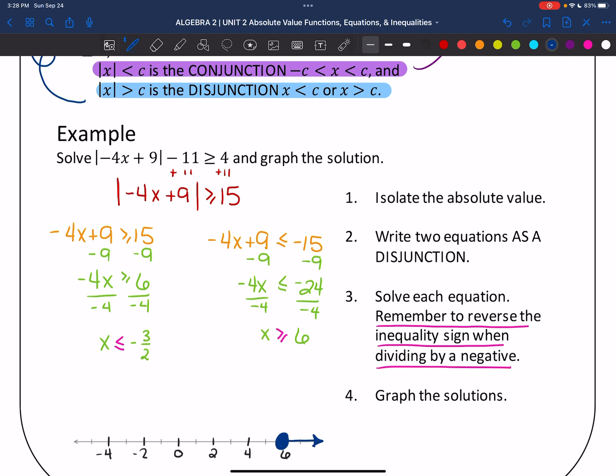All right, and then on the other side, I want negative 3/2, which is the same thing as negative 1.5. So that's about right here, between negative 1 and negative 2. I want to include that value. And then I want x values that are less than that.